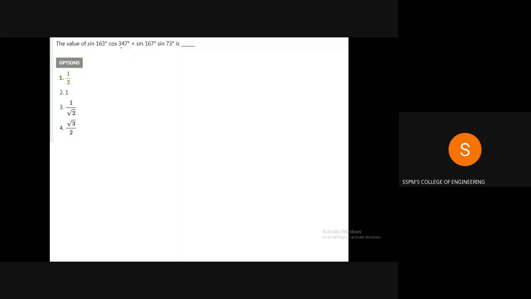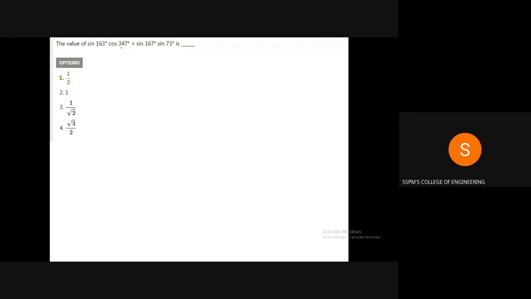So sin 163 is equal to what? Instead of 163, we can write sin 180 minus 17, into cos 347. Instead of writing 347, we can write 360 minus 13, plus sin 167.